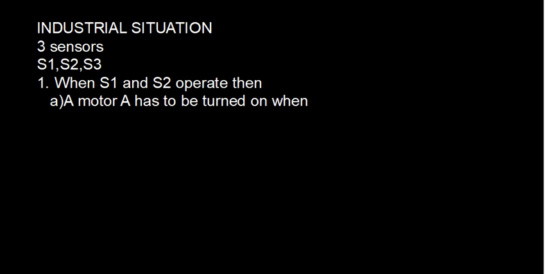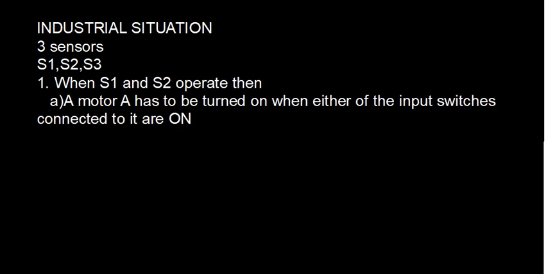Please try to see the problem statement, how it is written. There are 3 sensors, S1, S2 and S3. Now the 2 sensors operate, I mean they give you some output. When the first 2 sensors operate, a motor A has to be turned on when either of the input switches connected to it are on.